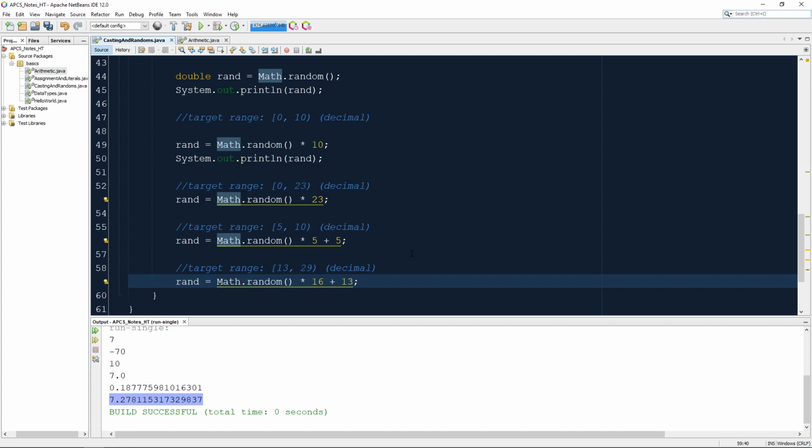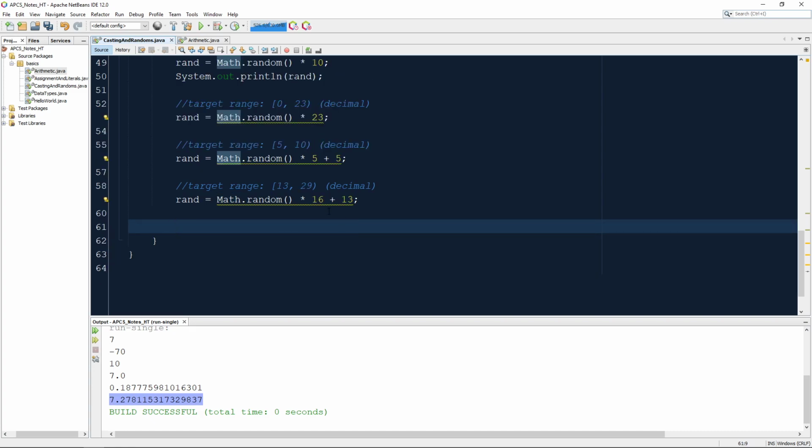So let's see if that actually works. Lower bound, 0 times 16 is 0. 0 plus 13 is 13. Looks good. Upper bound, Math.random gives us 0.9 repeating. 0.9 repeating times 16 is 15.9 repeating. 15.9 repeating plus 13 is 28.9 repeating, so almost 29, but not 29. This looks good to me.